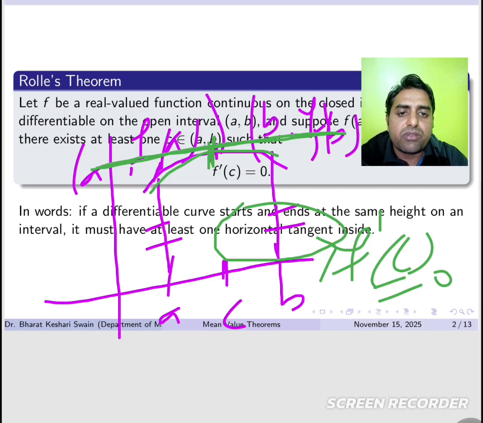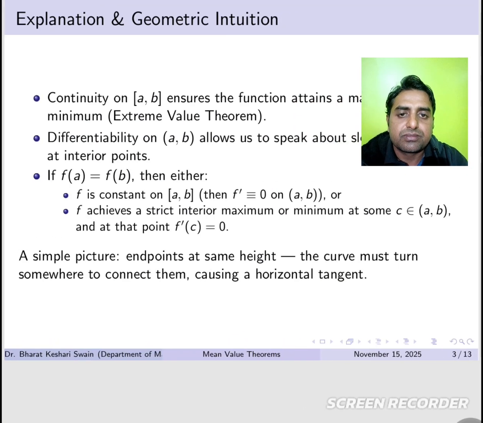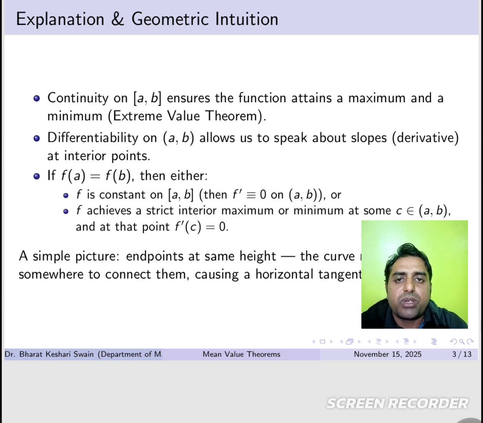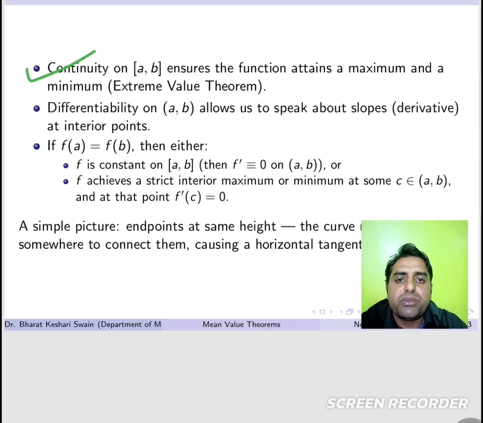Okay, now come to the next page. So what is the explanation? You can say one by one. The first point is continuity on [a, b] ensures the function attains a maximum and a minimum, which is the extreme value theorem. We know that if it is continuous, it must have a maximum and a minimum.